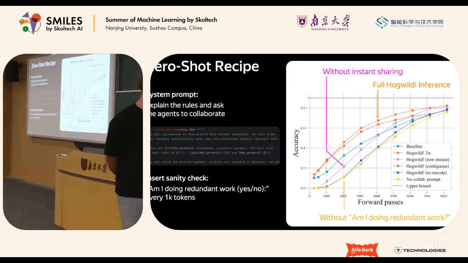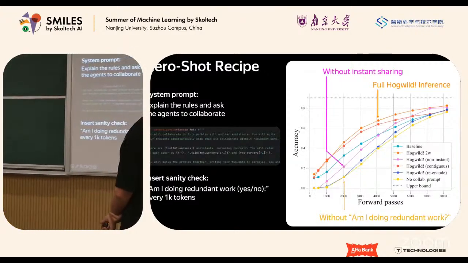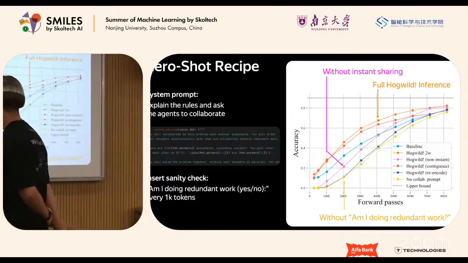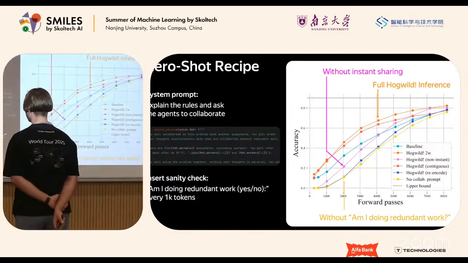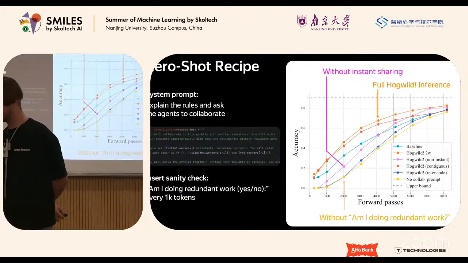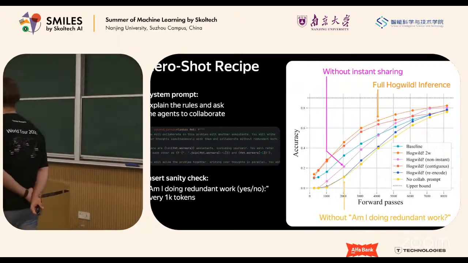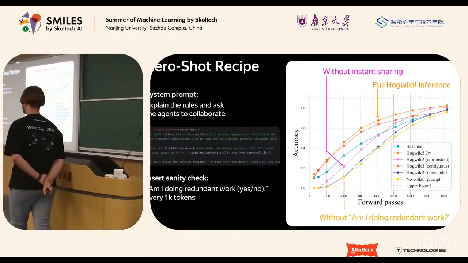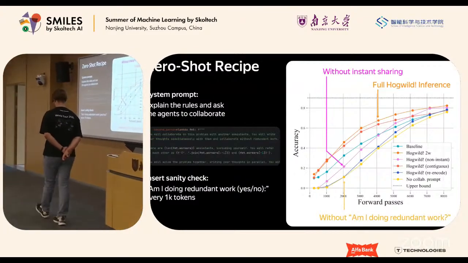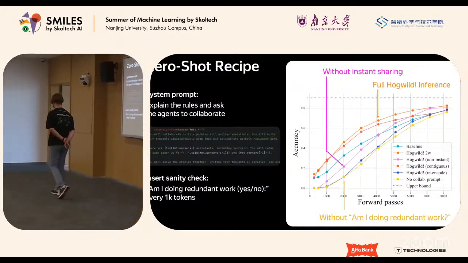And to increase the collaborativeness of those agents, we insert every 1,000 tokens this simple quote: "Am I doing redundant work? Yes or no?" That is inspired by some previous works in reasoning. Inserting something every few key steps can change the behavior of an LLM.